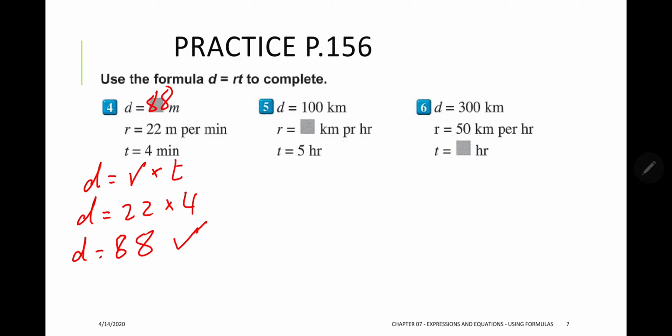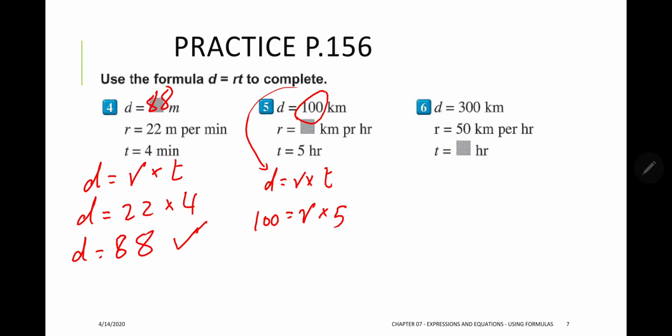Number 5 is also the same, but instead of having R and T, this time we have D and T. Again, we write our formula, D equals R multiply T. This time we have D, so in place of D, put the value of D. So that means 100 is equal to R multiply T, which is 5.